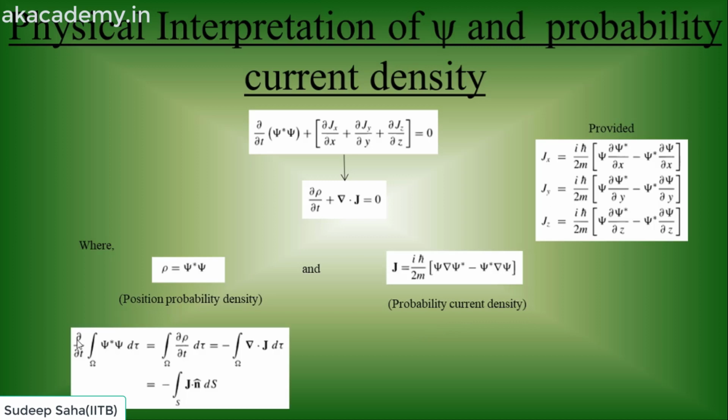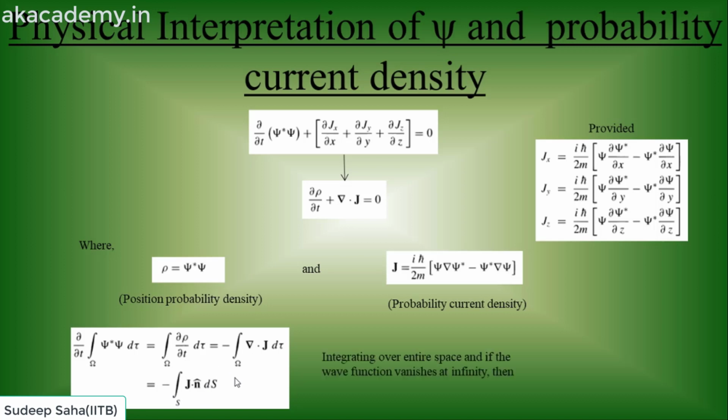If we calculate this quantity, which is the integral of psi star psi d tau, the volume integral, you can also do it in one dimension, there is no big deal. If you take its time derivative of this probability density, then del rho/del t d tau, and now if we use this equation we'll get this, and using the Gauss divergence theorem we'll get this.